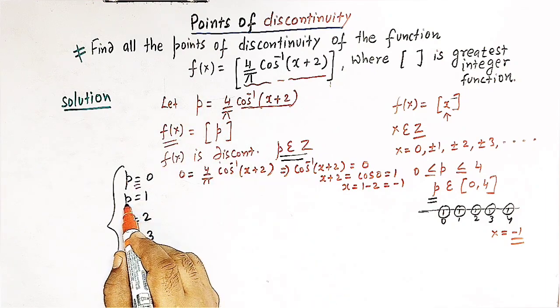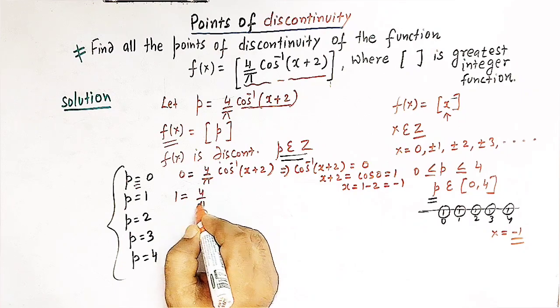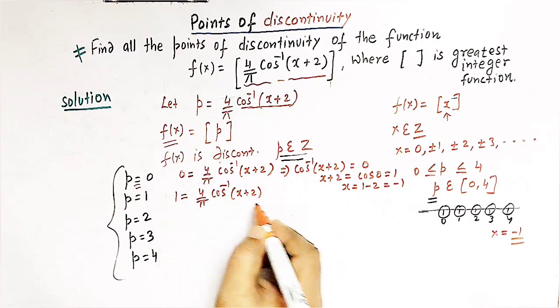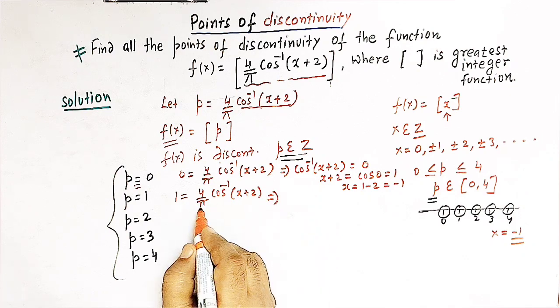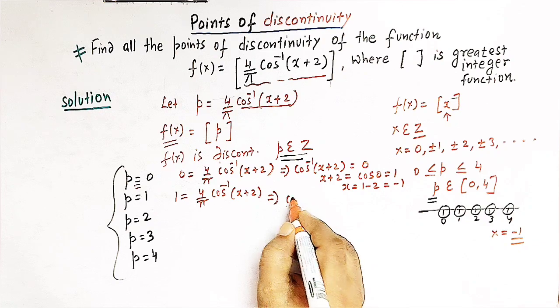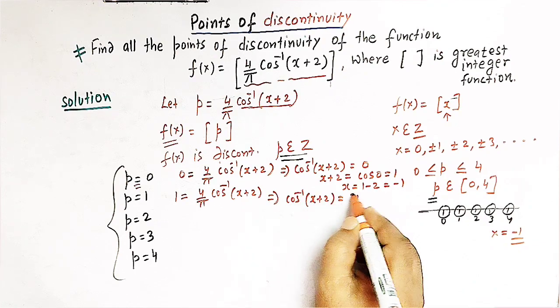Now similarly we can find for p is equal to 1. Here we write 1, here we have 4 over pi, then we have cos inverse (x plus 2). Now we can easily solve this equation, multiplying 1 by pi, dividing by 4. We have cos inverse (x plus 2) is equal to pi by 4.